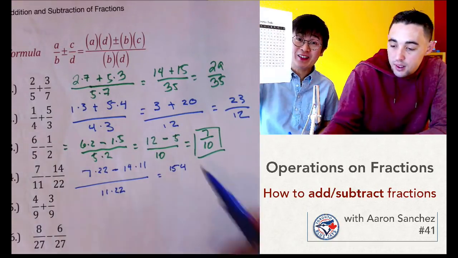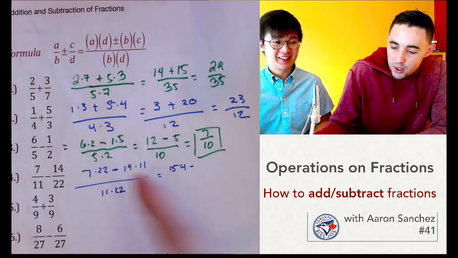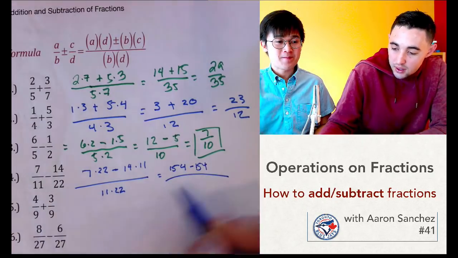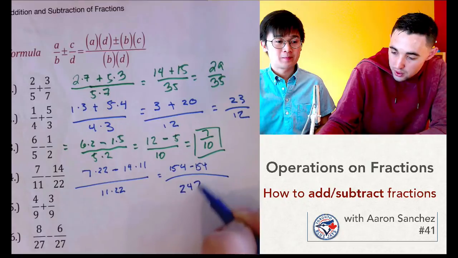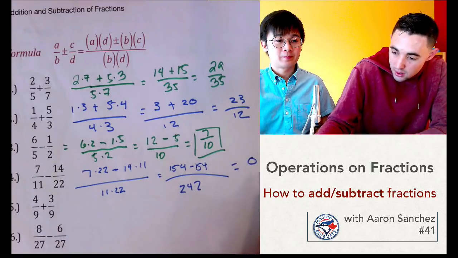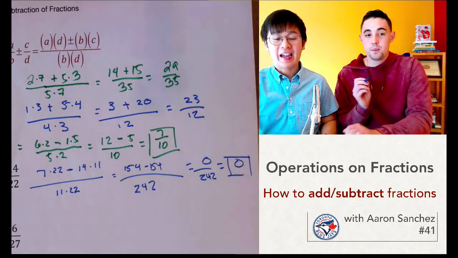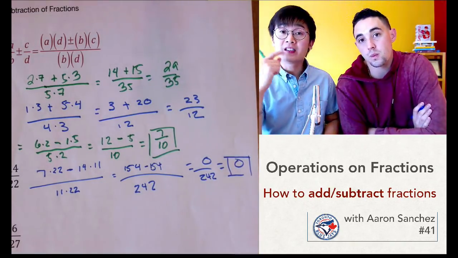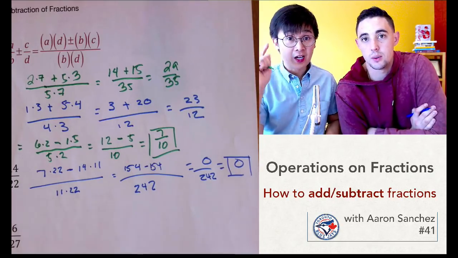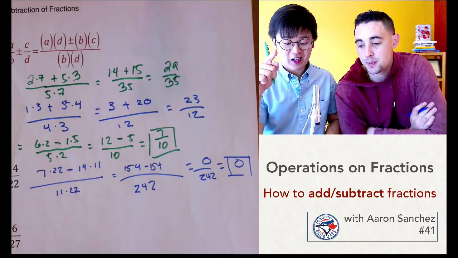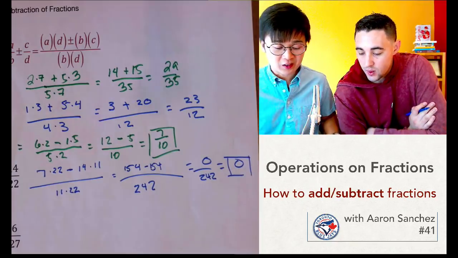That's why you need to know this. 14 times 11 is 154. 11 times 22 is 242. 0 over 242, which then again is big fat goose egg. And it is 0 because we know that 0 over a number is 0, but a number over 0 is undefined. DNE. So this one is equal to 0.